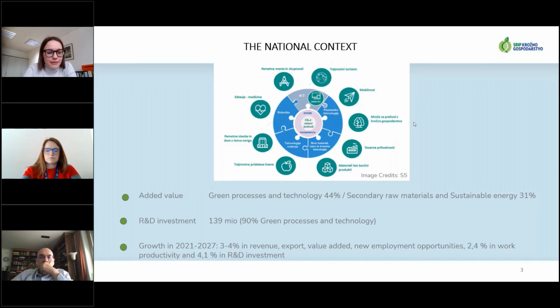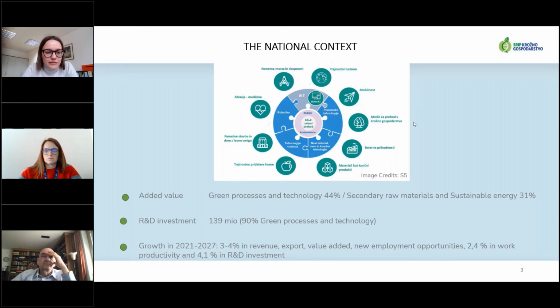What has already been identified in the field of circular economy and recycling of waste is that there is high added value in the field of green processes and technology generated, also in the field of secondary raw materials and sustainable energy.